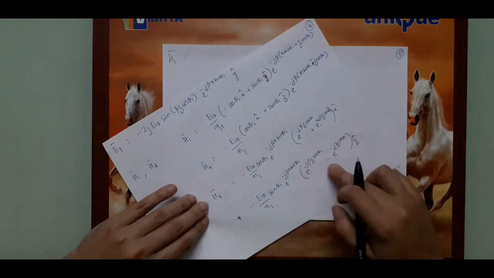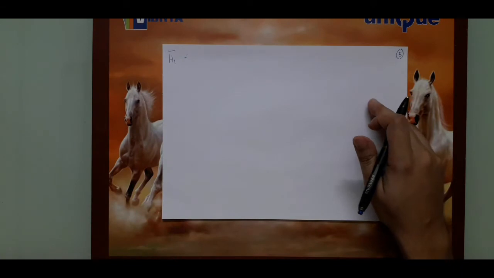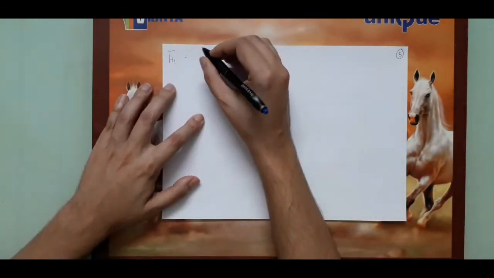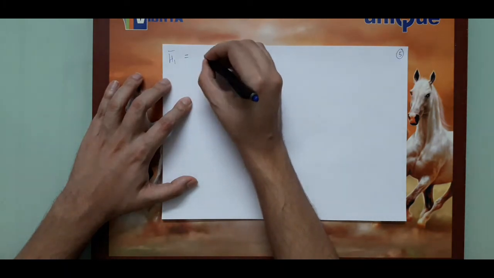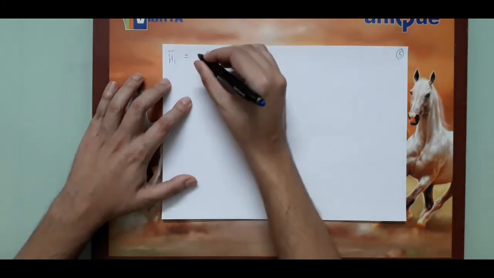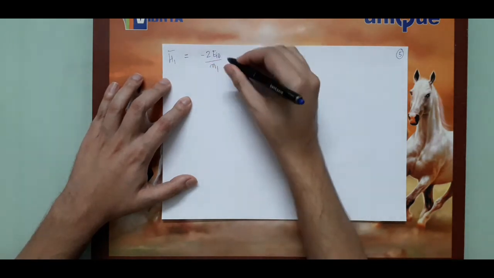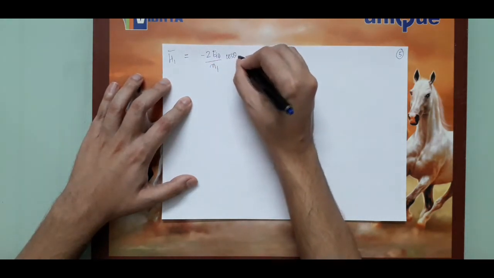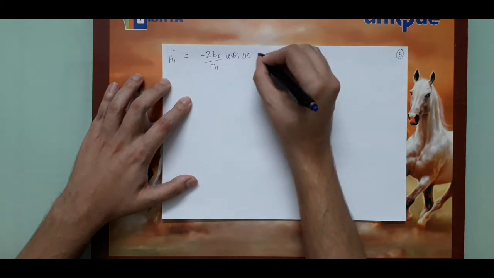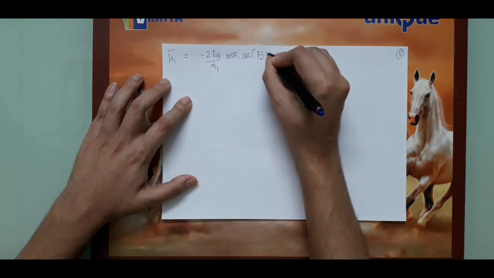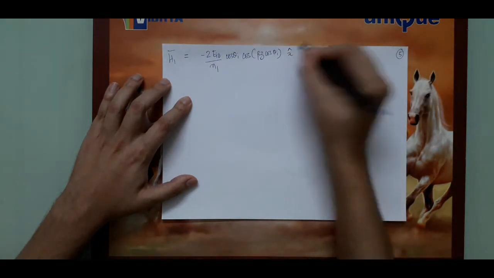This will give a j sine term and this will give a cos term, but the 2 will be there, which is common. So the first term will simplify to minus 2 ei0 by eta 1 cos theta I cos of beta z cos theta I, and this is the x component.